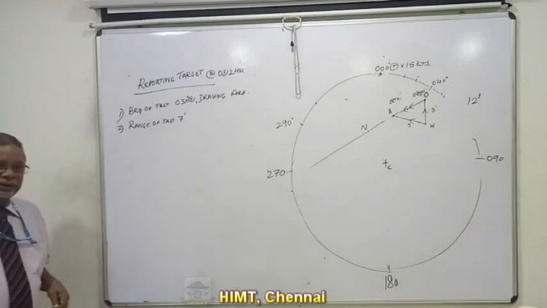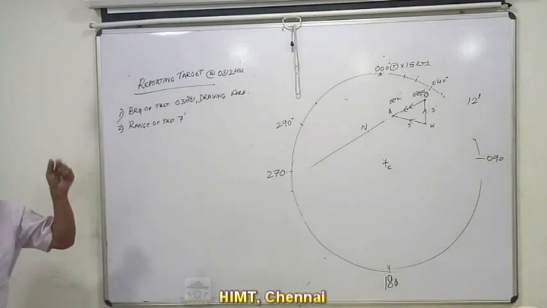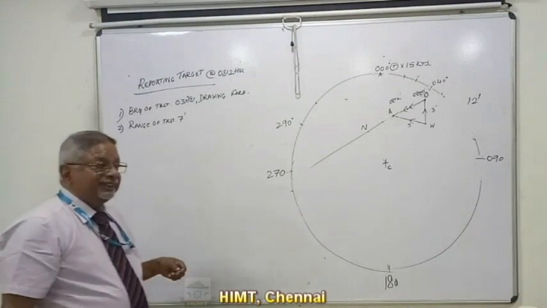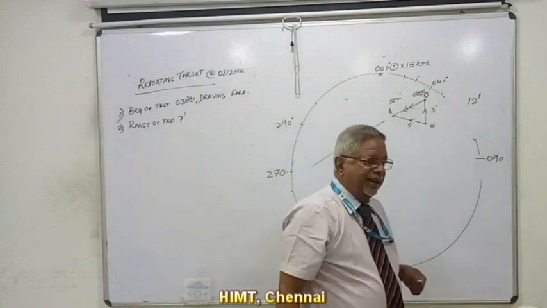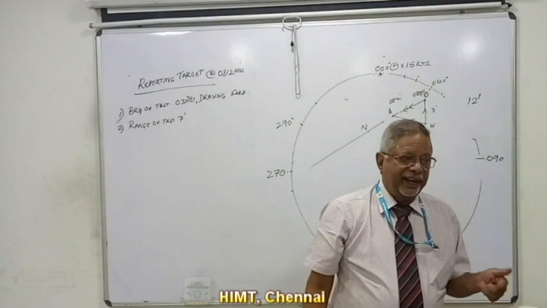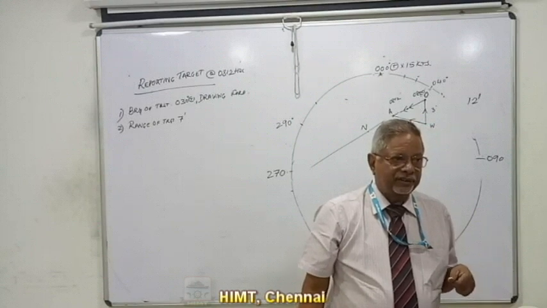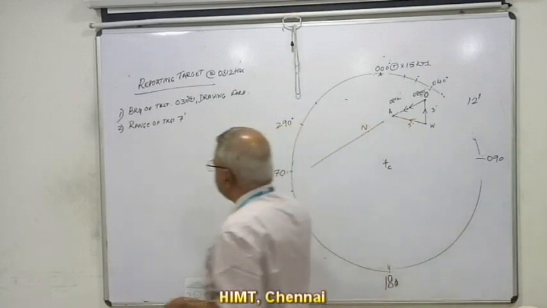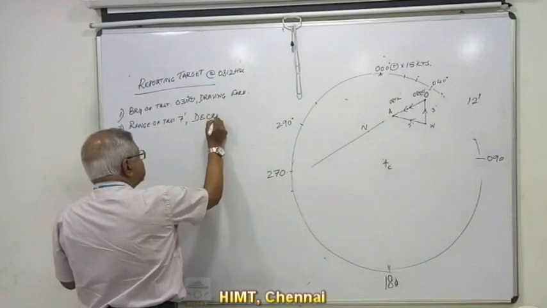Now the second part of the report, the range. Last observed position at 0812, the range was 7 miles. Now, this was the first range I told you was 11 miles, then 9, then 7. So is it increasing or decreasing? Decreasing. So range of target 7 miles, decreasing.